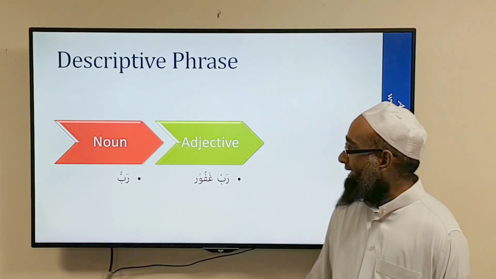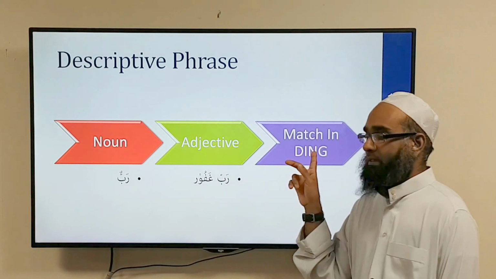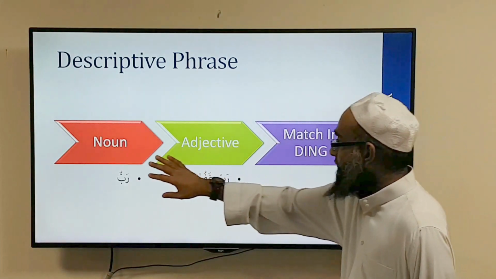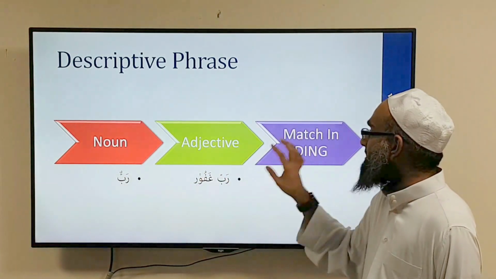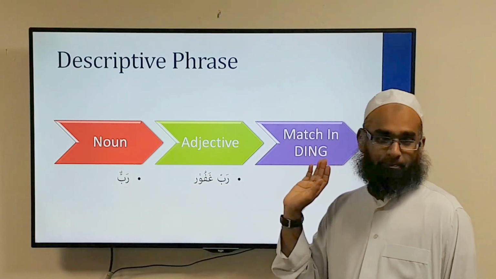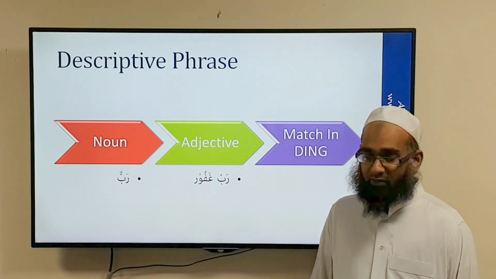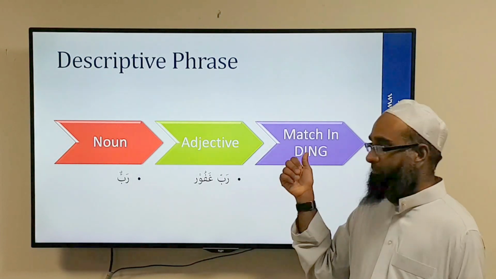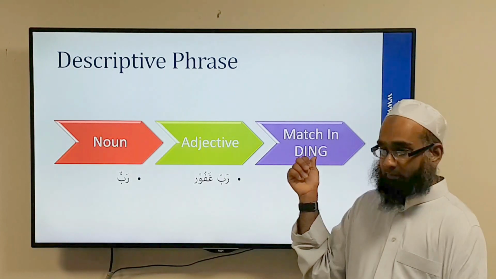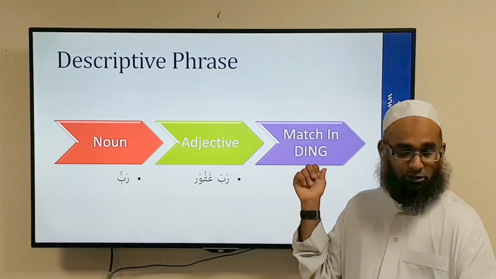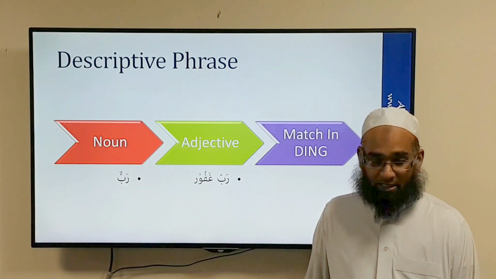Right. Now, the last thing you have to remember is this: the noun and the adjective must both match in DING. What's DING again? D is definite, indefinite. N is number. I is for? I'rab. G is for? Gender.